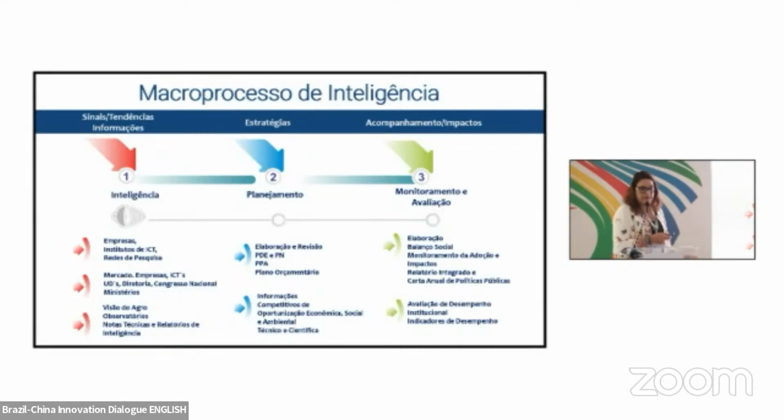He is a great partner of Embrapa in these signals and trends with the market, with the ICTs, with the Congress, with the executive powers, so all the powers of the government, and also agriculture. This involves a great network of stakeholders where we are capturing signals and trends.